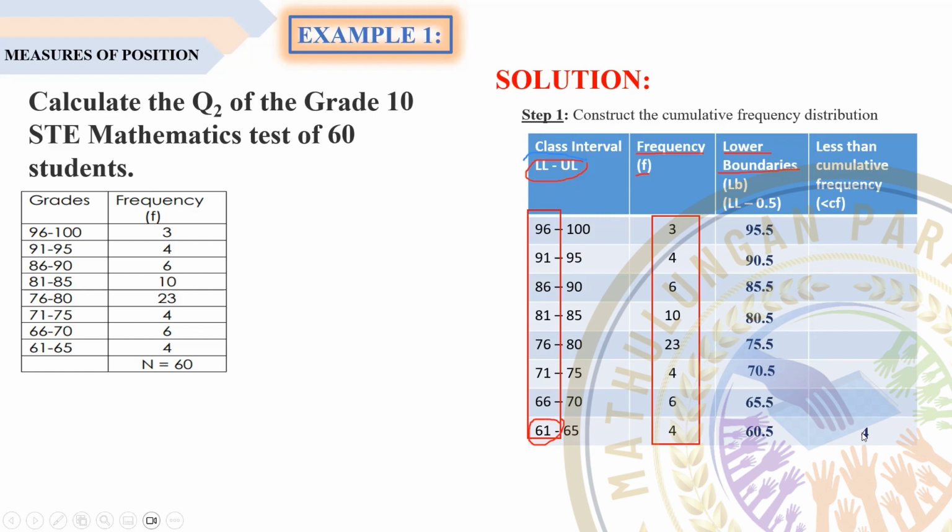So 4. What follows 4? We have 6. Therefore, 4 plus 6 is equal to 10.